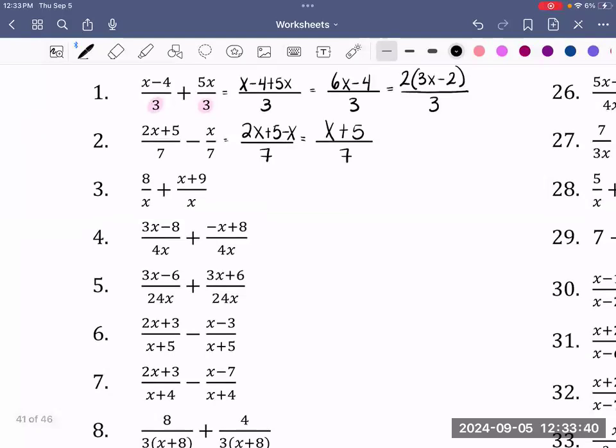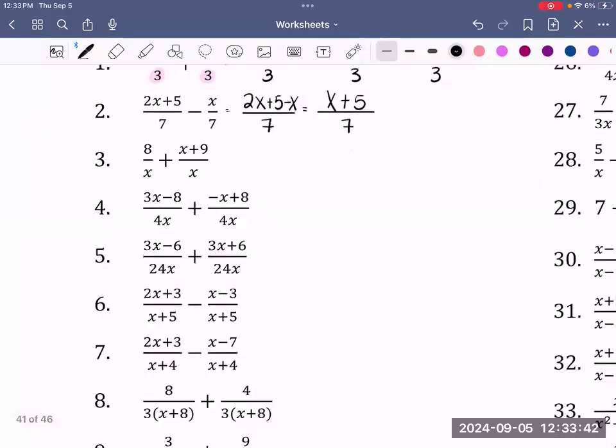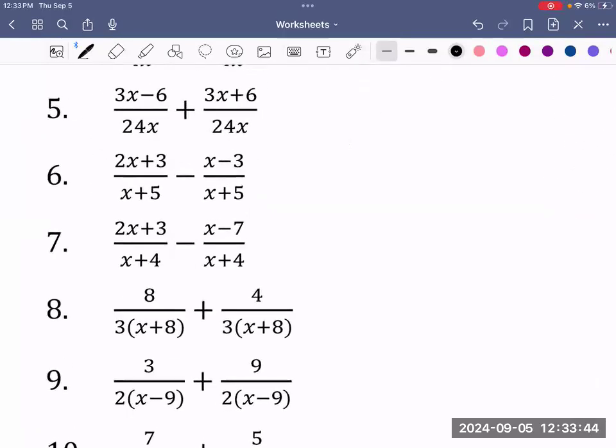I'm going to attempt number 6. So you'll notice that in number 6, their binomial down below still matches. So when they match, that just means that it's less work for us, and we're going to be looking to your numerator.